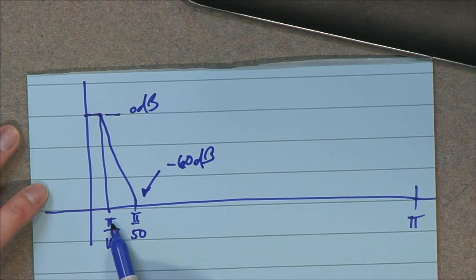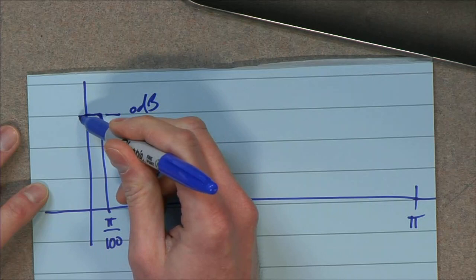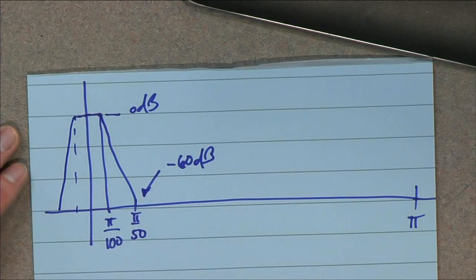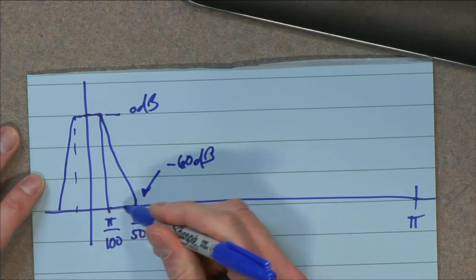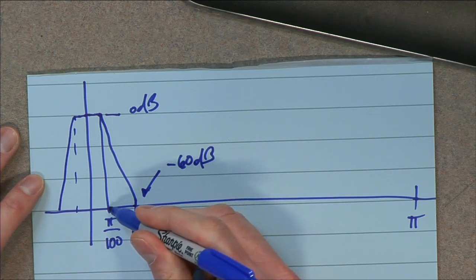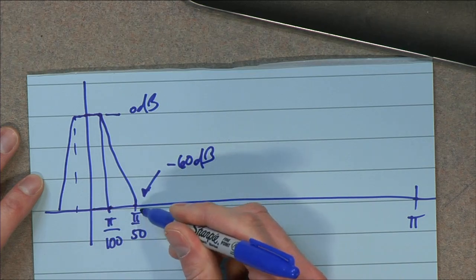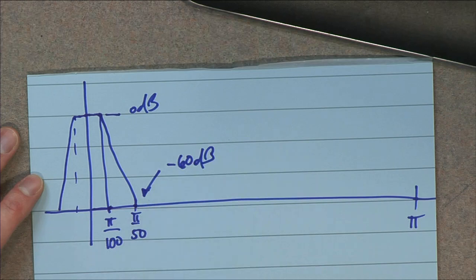Right, so just a sliver of passband. So it's a very narrow low-pass filter. And the transition band is what? Pi over 100 is the passband, plus another pi over 100 would be what? 2 pi over 100, or pi over 50. So the transition band is also very narrow, pi over 100.